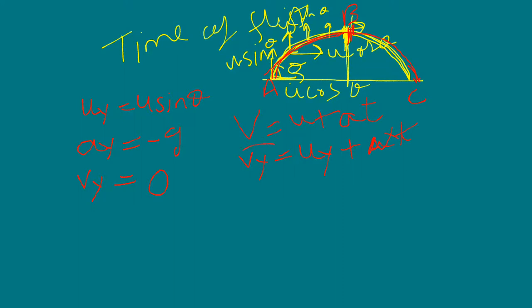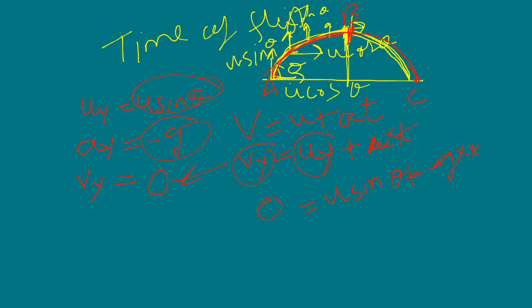Vy here is given as 0, so we write 0. Uy is given as u sin theta, and acceleration is given by minus g, so plus minus g, and then into t. Now we will rearrange this.